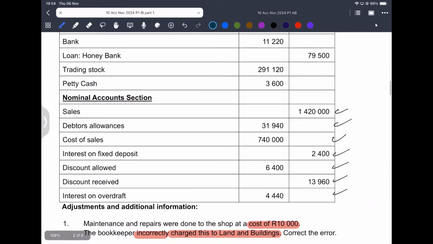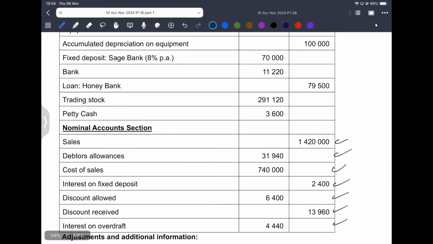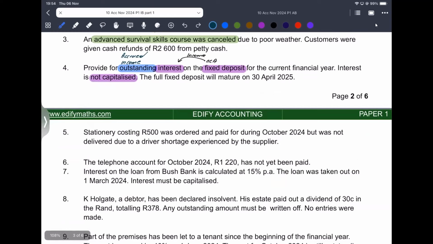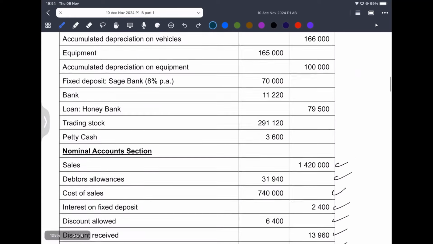It was going to be added to that 70,000 rand if it was capitalized. But because it's not capitalized, any outstanding interest, we are going to record it as accrued income, and accrued income or income receivable will be recorded under trade and other receivables. It's a current asset. It represents the money that is owed to us. Okay, let's calculate how much is really outstanding.